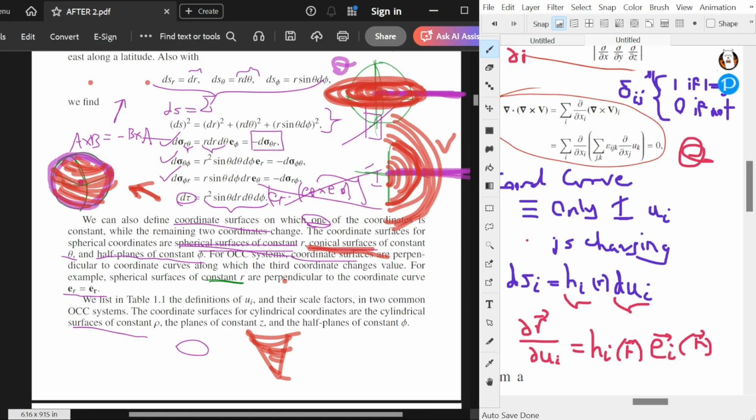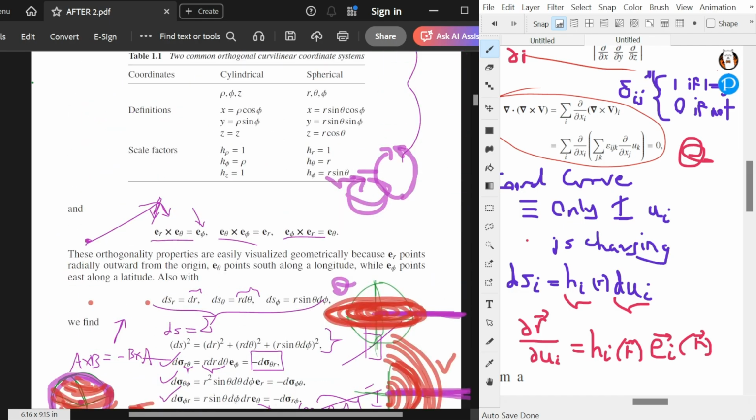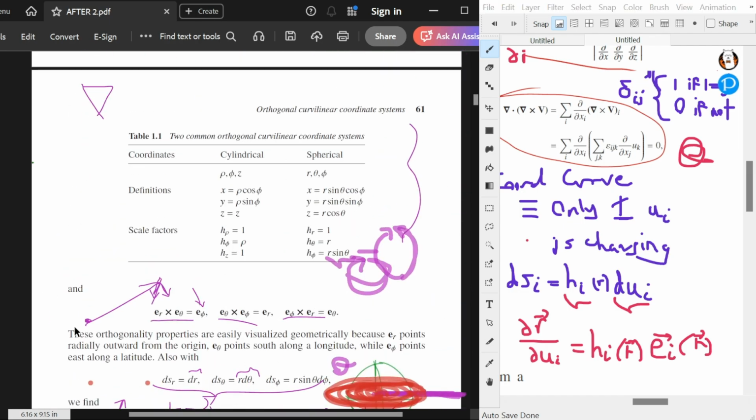Table 1.1, the definitions of u_i and their scale factors, and two common coordinate systems. The coordinate surfaces for symmetrical coordinates, surfaces of constant u. Okay, we'll return to that.